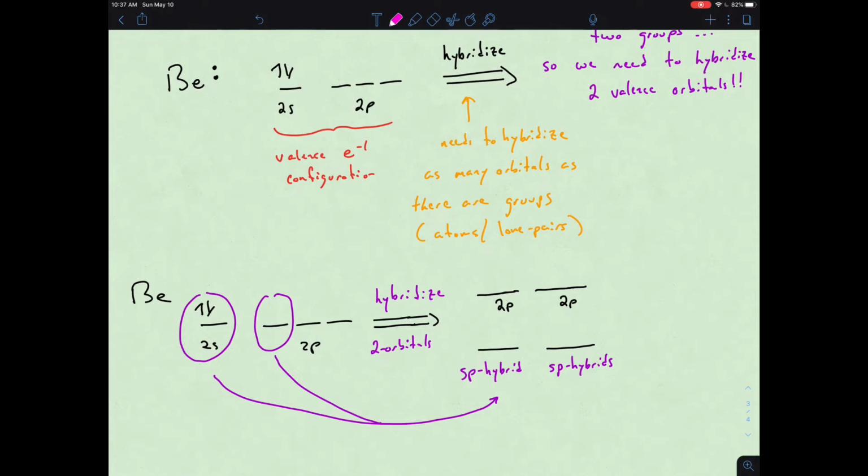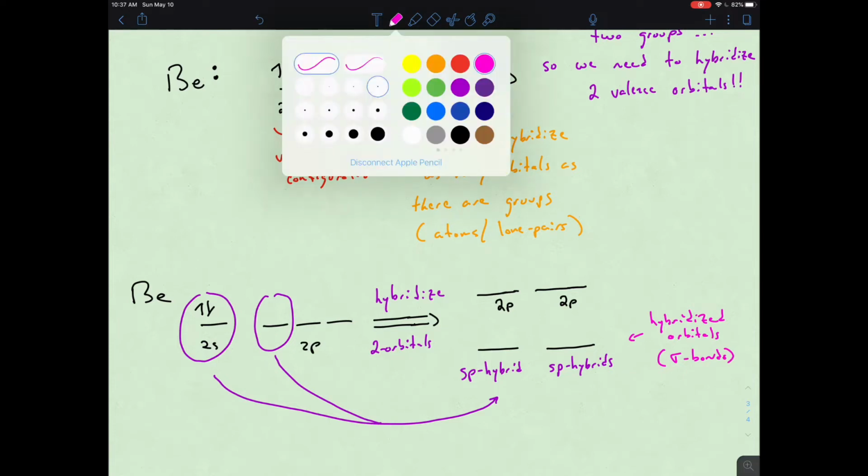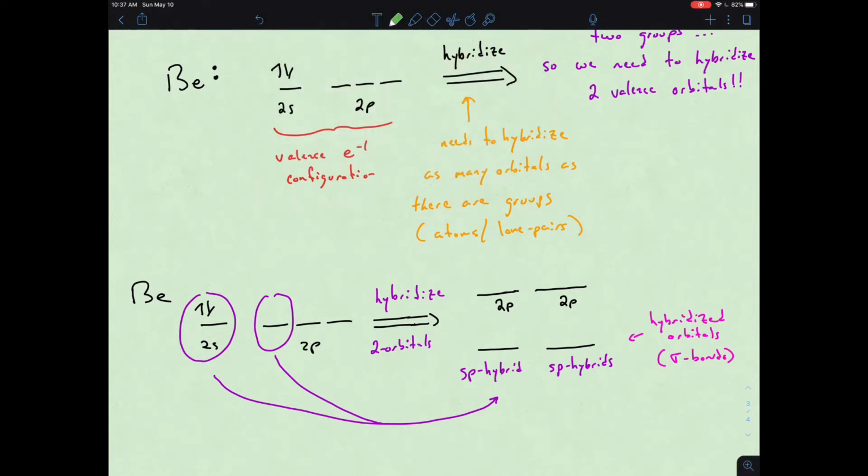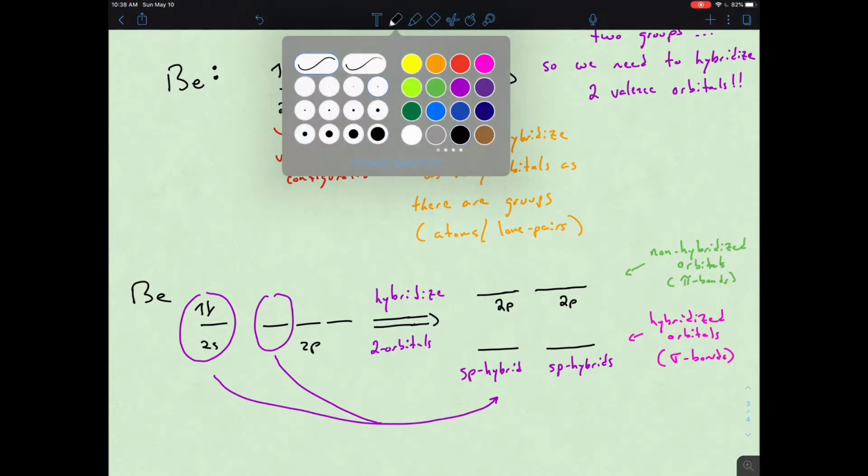So here is where we have our hybridized orbitals, and that's where we can make sigma bonds. And at the very top, we would have this idea of non-hybridized orbitals, and that would be for pi bonds. We're not quite yet there to pi bonds, but that's coming our way, so might as well get used to seeing that.